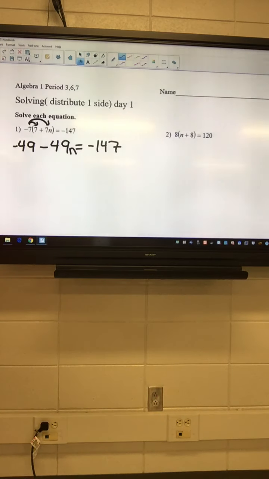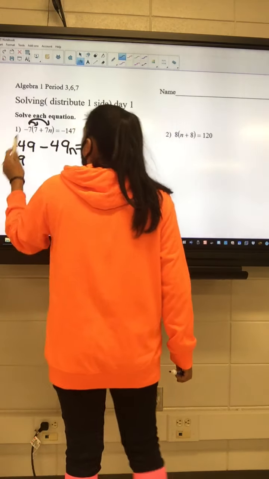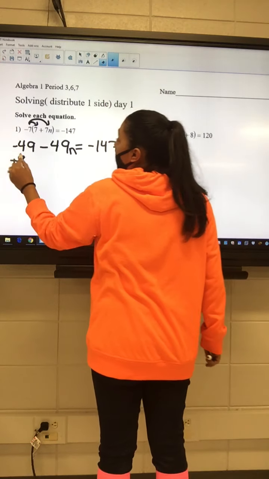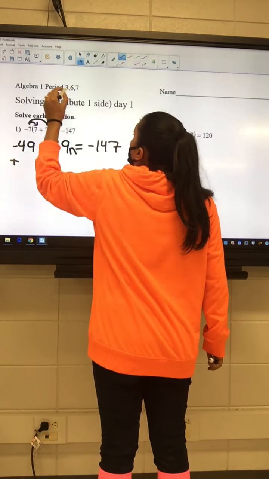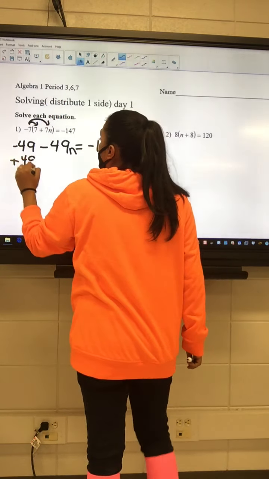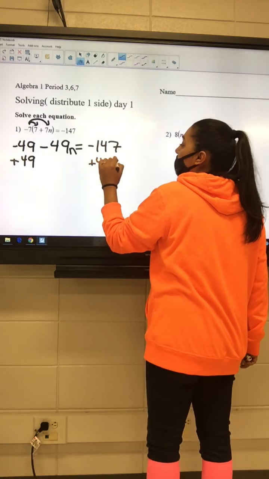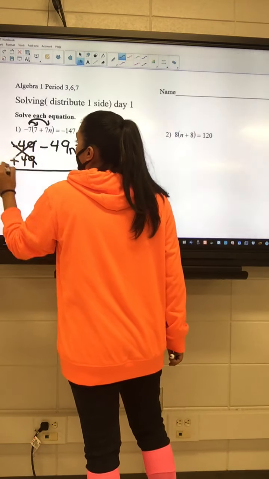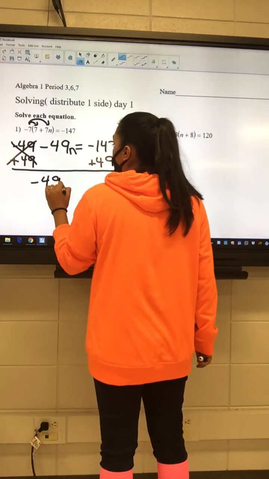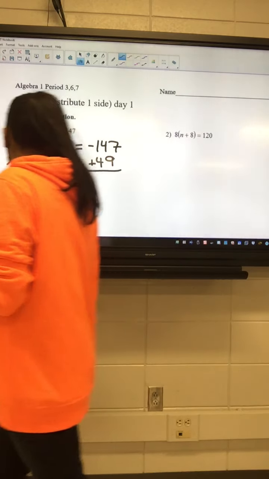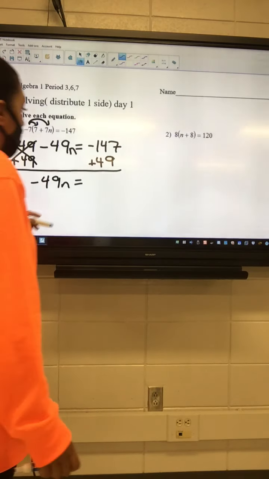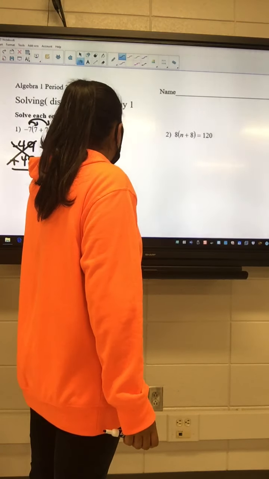Okay, so we're gonna add, in this case, plus 49. If we do it to one side, we gotta do it to the other side. So I got negative 49n equals what's negative 98? Yeah.